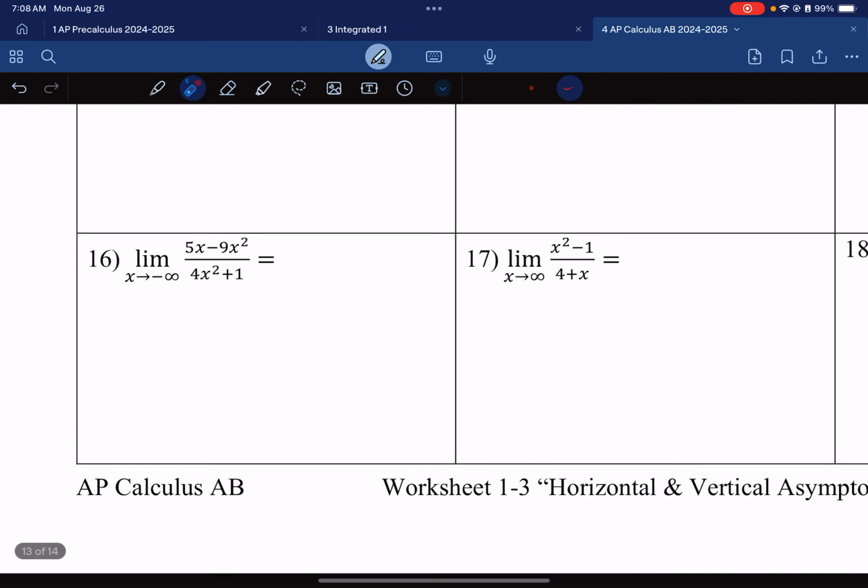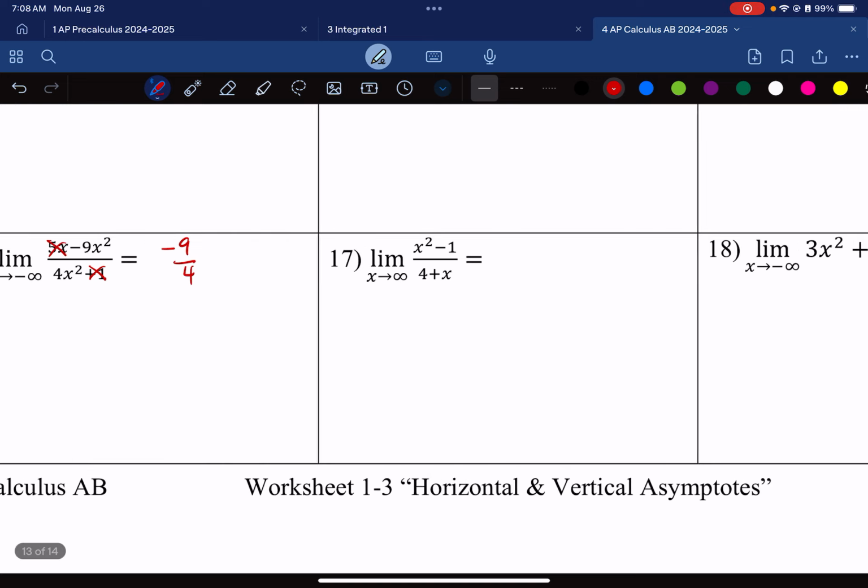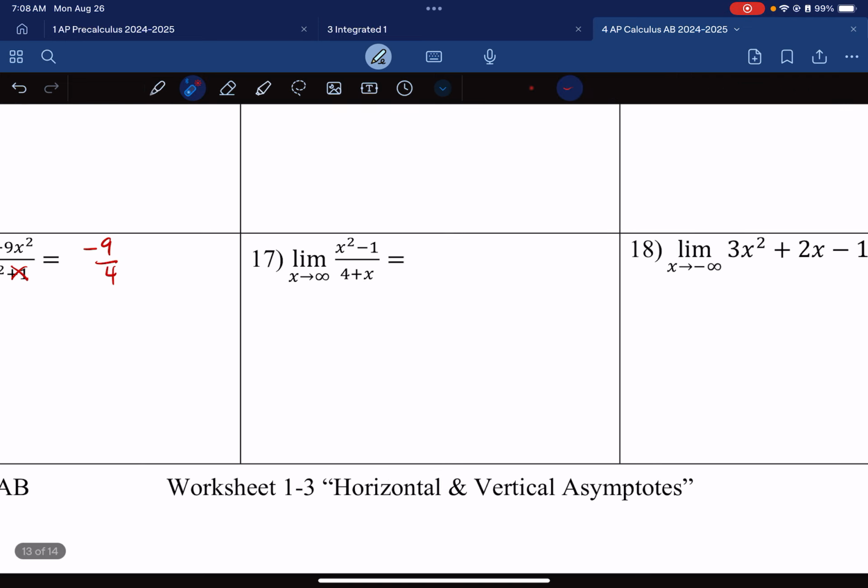All right, number 16. I'm looking at the degrees. This degree is too small, and I have a tie. I have an x squared and x squared. Don't forget the negative for the coefficient. I have a -9 and a +4. That is a -9/4. In number 17, cross off the lower degree terms, and the top wins.